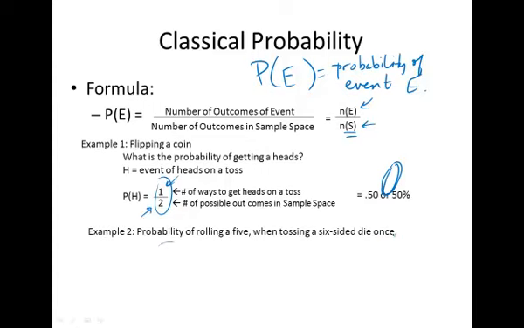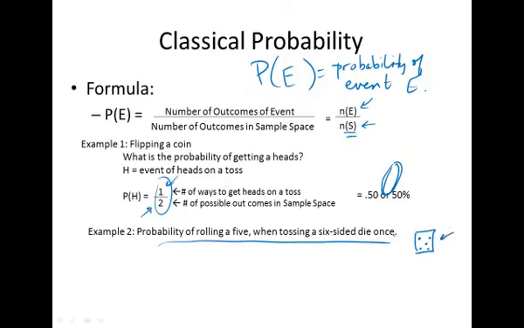What's the probability of rolling a 5 when we toss a 6-sided die once? Well, as you remember, there's only one side of the die that has 5 holes. Again, this is a bird's eye view facing down on the die, right? Just to make it easier so I don't have to draw the three-dimensional.